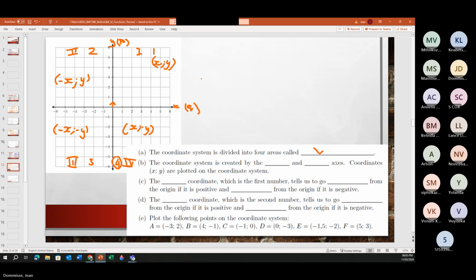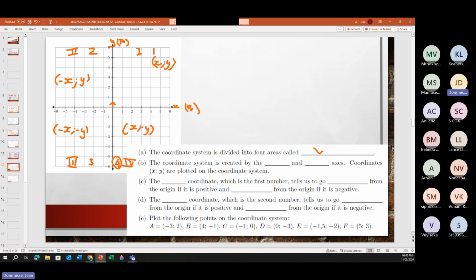Okay, the reason I'm also showing that is because they can ask you, more likely what we have in E, that they can give you a few plots and ask which one is incorrect.